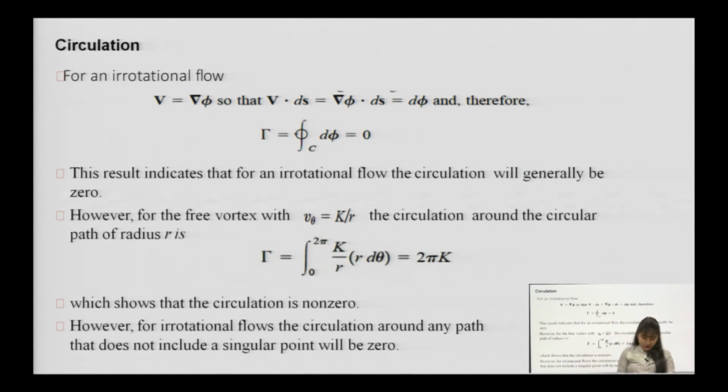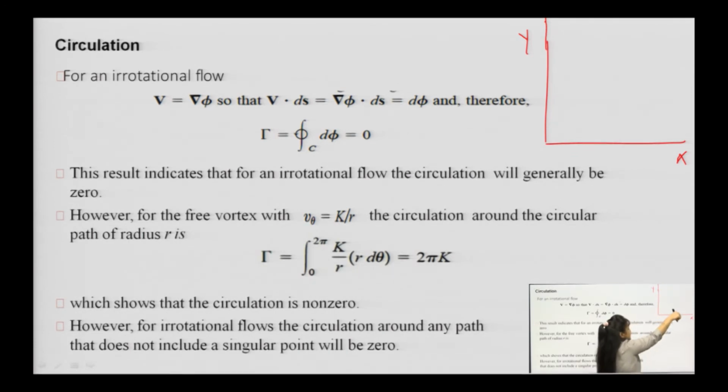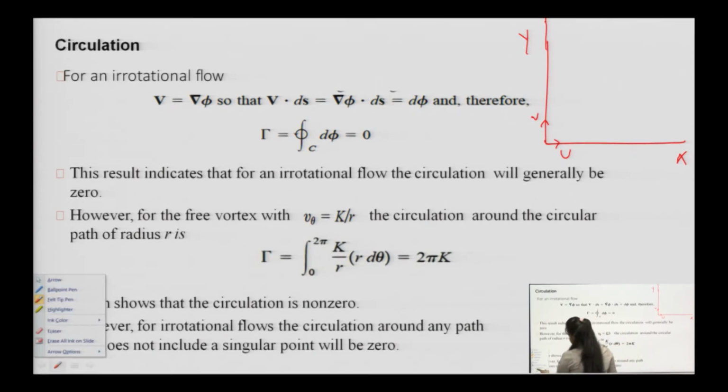Coming to circulation, any line integral of velocity component is nothing but circulation. Let us draw two axes, x and y. We have taken the xy plane with corresponding velocity components u in the x direction and v in the y direction. Now, let us place a fluid element in this xy plane.